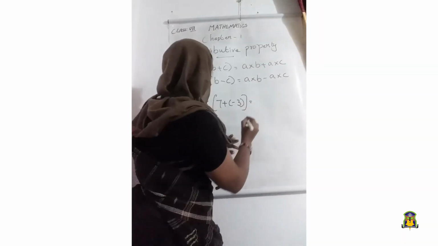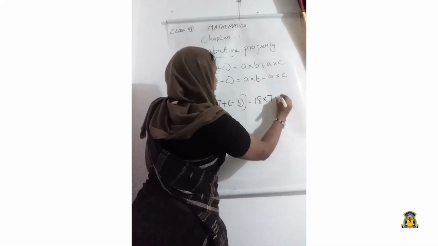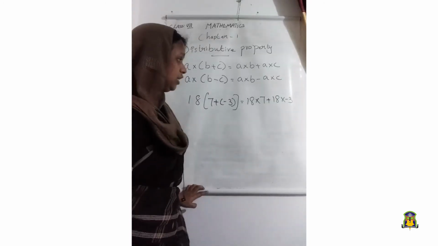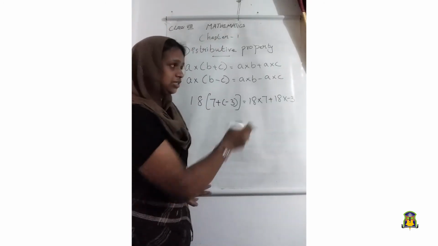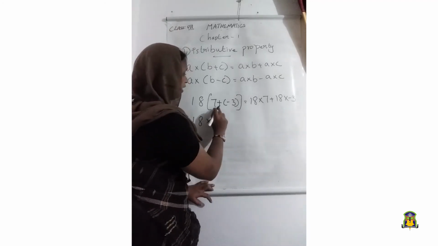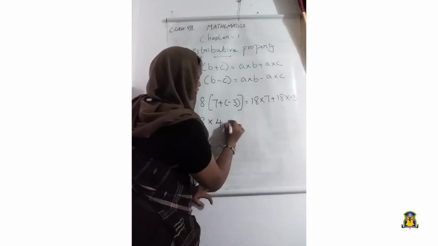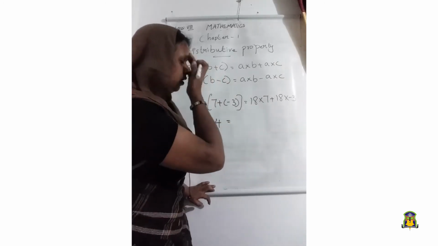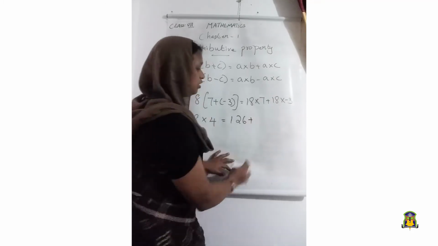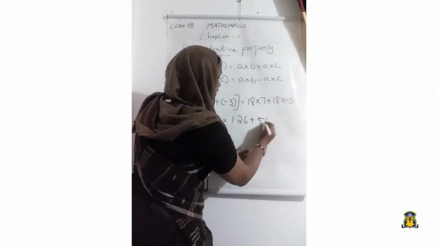We want to prove that it equals 18 into 7 plus 18 into negative 3, so we can check whether LHS equals RHS. 7 plus negative 3 is 4. On the right, 18 into 7 is 126, plus 18 into negative 3, which is negative 54.